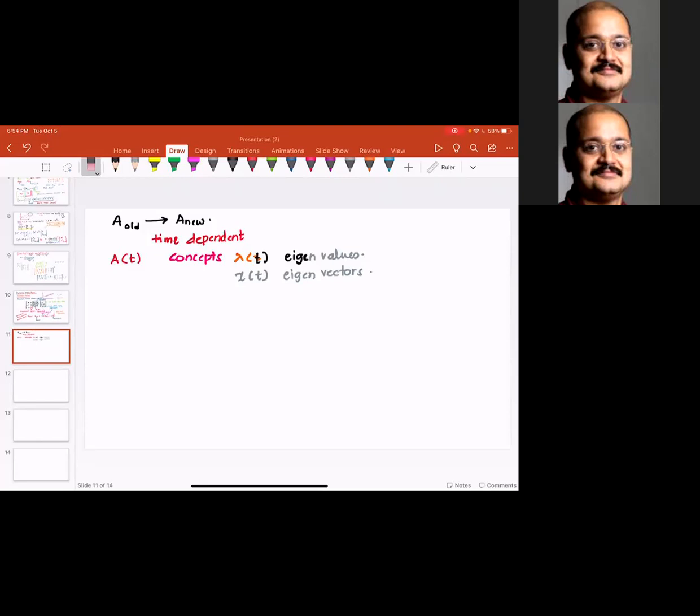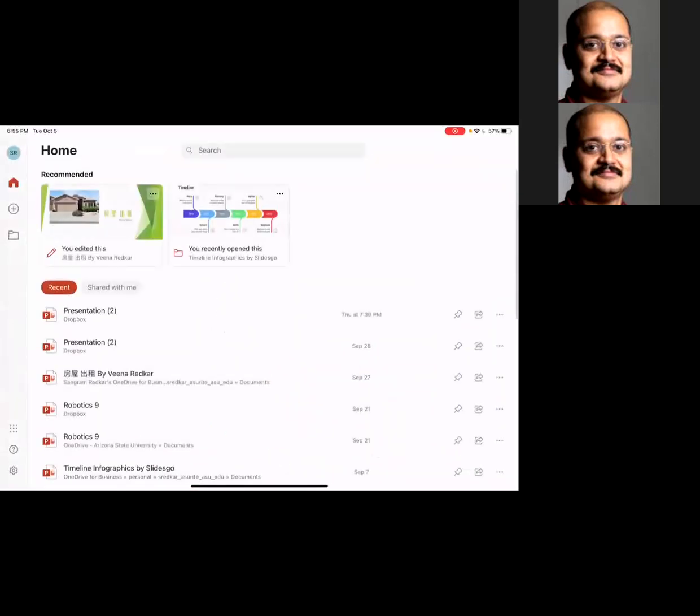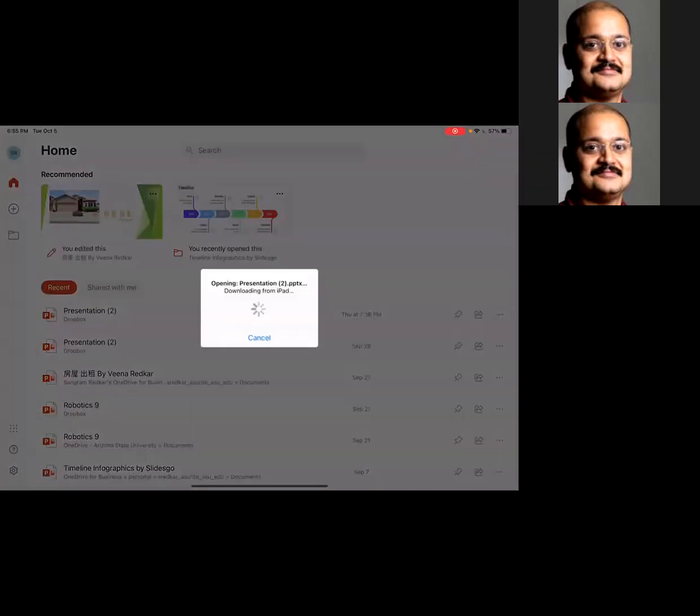Okay, so the next thing is, if you have your A matrix that is time varying. Now, when the A matrix is time varying, we have eigenvalues and eigenvectors that are time varying.